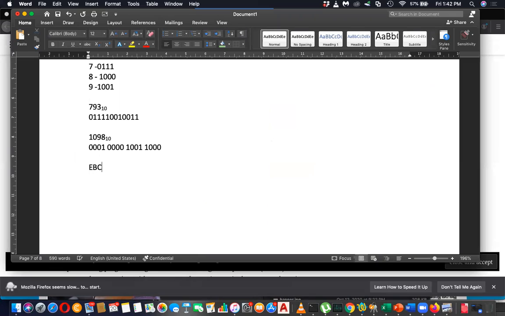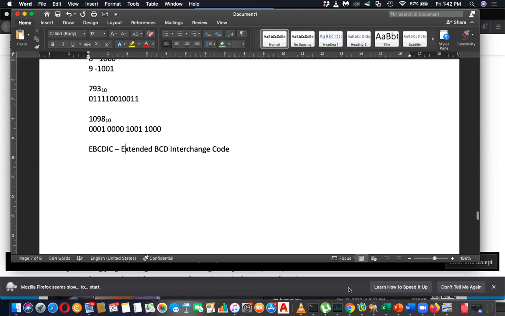Here in EBCDIC, they are using both octal and hexadecimal number systems.